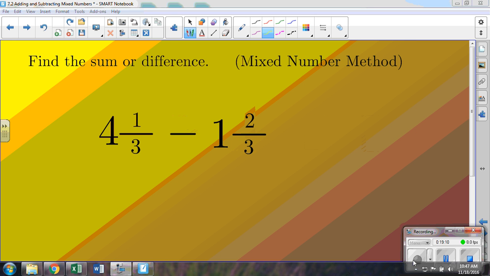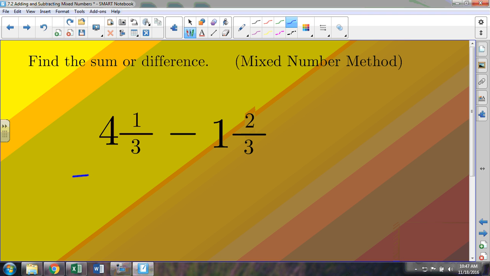All right, with this last one, we'll still use the mixed number method. We're not going to do the improper fraction method just to save us a bit of time. But I didn't want to skip over this one just as a reminder. If we're using this method, 1 over 3 subtract 2 over 3, you can't take 1 minus 2. This is a situation where you have to borrow.